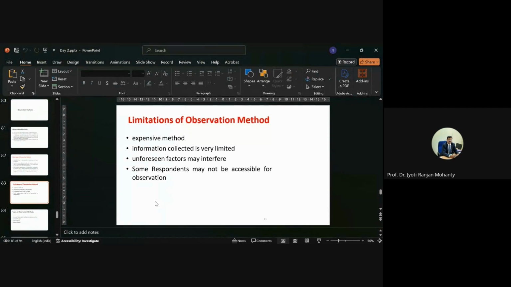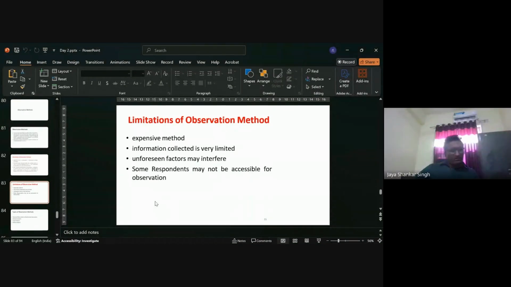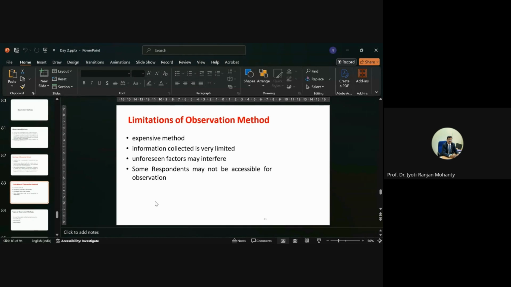So in that case, your observation method has a serious lacuna, a limitation. You cannot collect any information because things have already happened. Like there is a term we use, tracing. The event has happened. You go back and try to find the evidence. So observation is not directly possible in those cases.